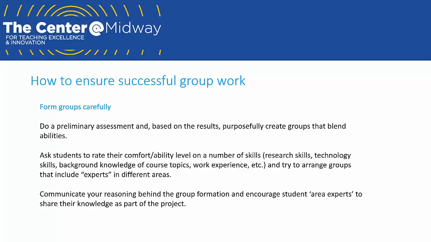Depending on the group project, those might be their research skills, their technology skills, their knowledge of the topic going into the project, or any work experience that might benefit them, things like that. Then I try to arrange the groups to include experts in different areas, so I don't have all of my tech-savvy students in one group and all of my information literate students in another group, that sort of thing.